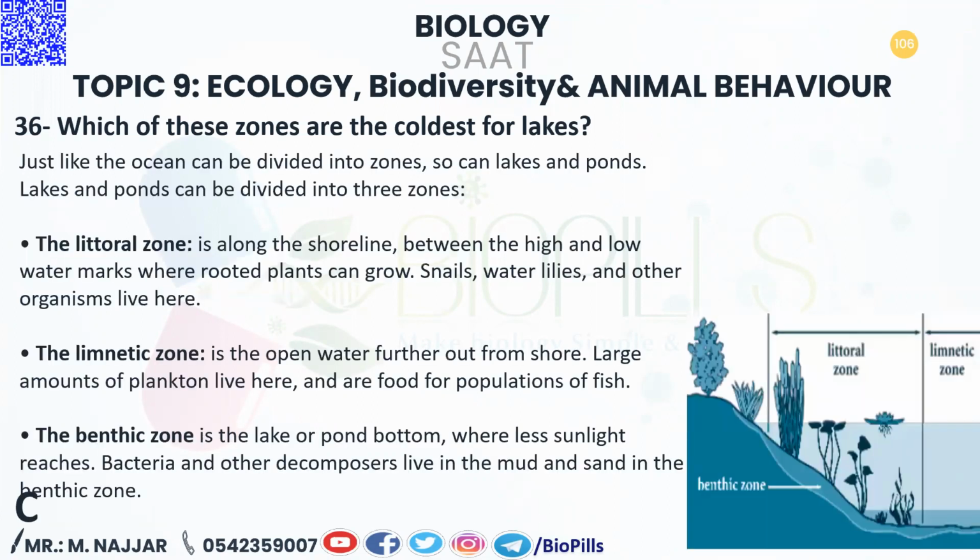As we are classifying and dividing the ocean, we can also divide and categorize the fresh water into the littoral zone. It is along the shoreline between the high and low marks, where rooted plants can grow, and also snails.